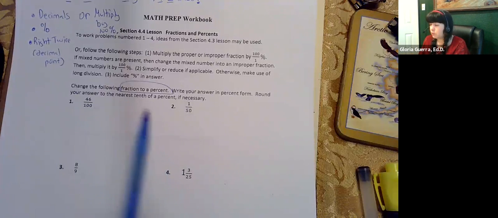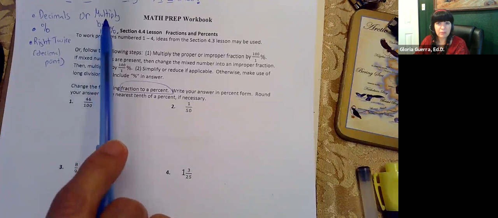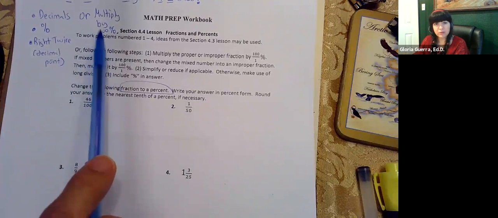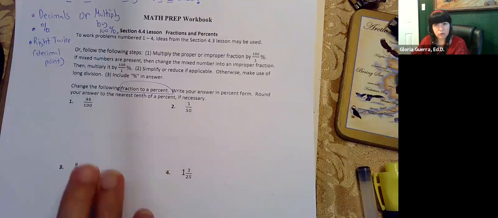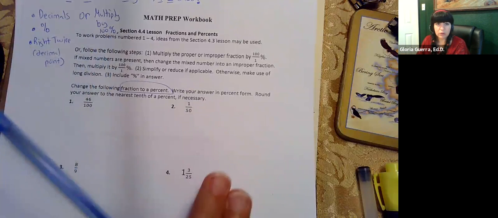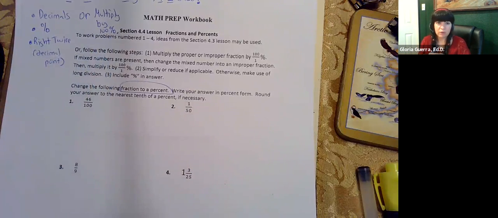That's why I would opt for multiplying by 100%. If you wanted the other option, you'd have to first do long division to make it into a decimal, showing your long division. You can double check on your calculator, but your teacher wants you to show that you know how to do long division.